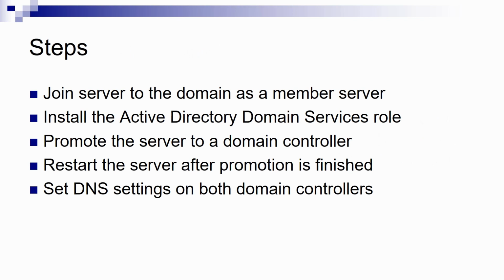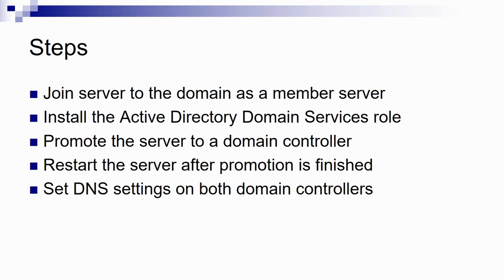So what we are going to do in this video, first we are going to join the server to the domain as a member server. So it will only be a normal server in the domain, not a domain controller. Then we install the ADDS role, like we did also in the last video, but with PowerShell of course.